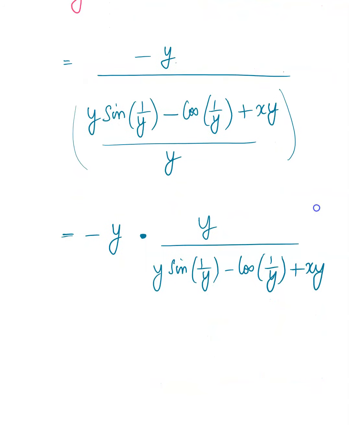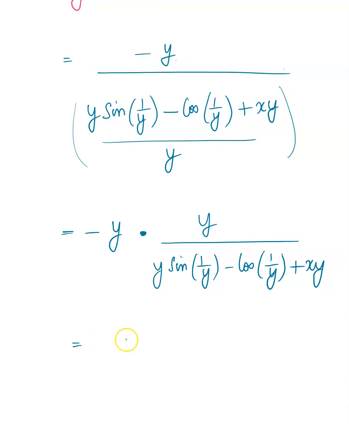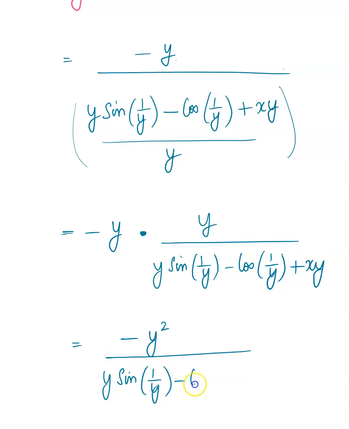That whole thing. Shove them all together. You get negative y squared over... and that is your dy over dx on this side.